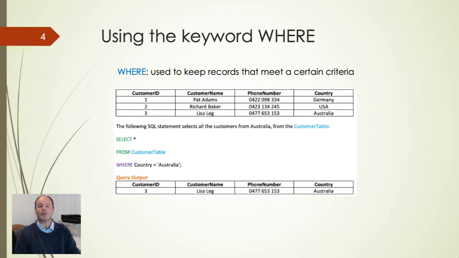Here we are saying we only want the country Australia from the field country. So we say that in SQL by using the keyword where, followed by country equals Australia in quotation marks, and again finishing with a semicolon.